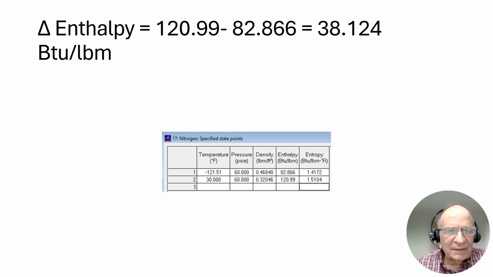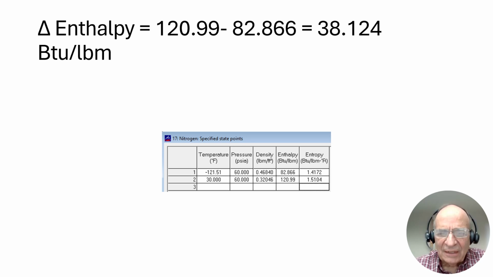Looking at the chiller, we can see that the delta enthalpy is going to come out to 38.124. That means that 38.124 BTUs per pound mass of nitrogen being sent through the chiller will be removed from the natural gas stream. How did we find that out?